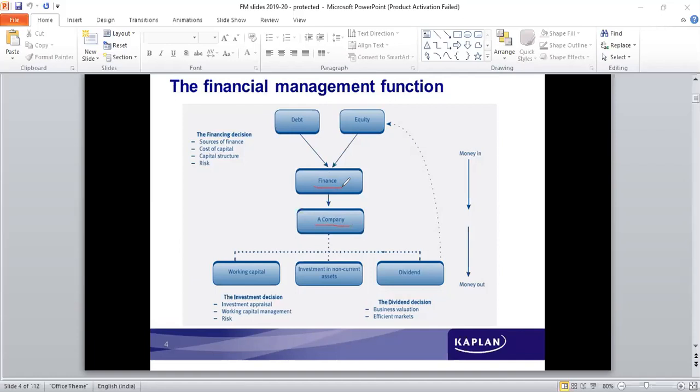So on that note, we classify the capital. The amount which is invested in the business is called capital. That capital is classified into two different types: debt capital and equity capital.